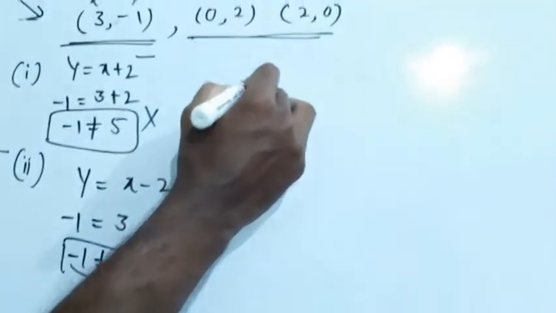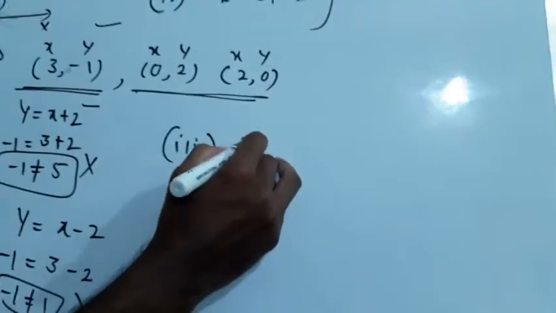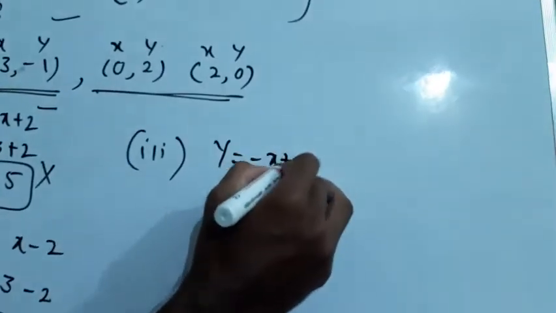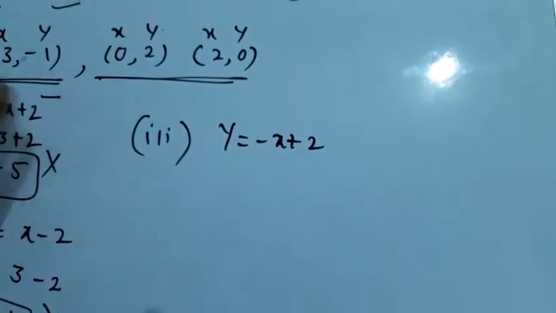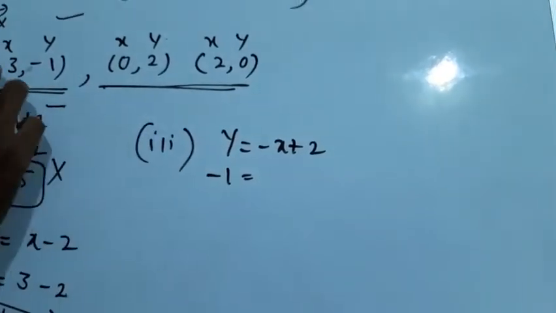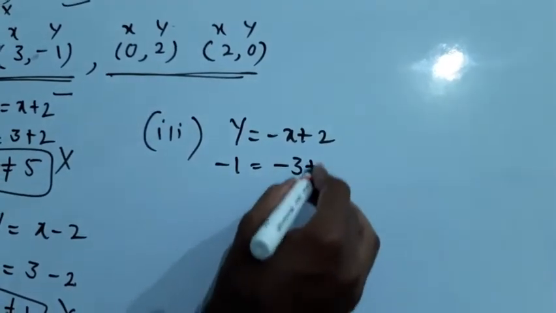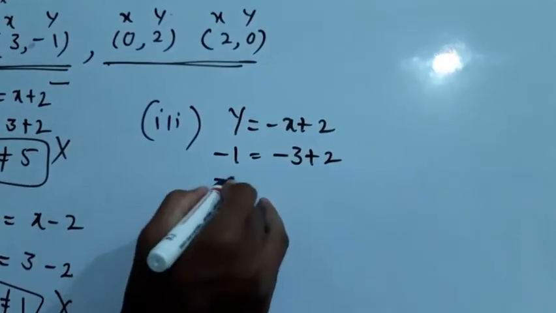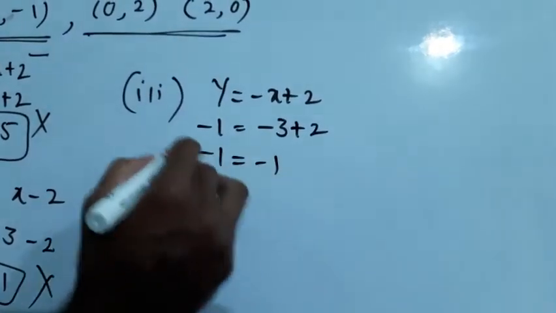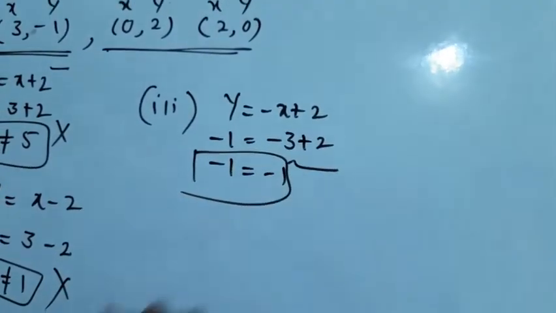So we'll go to the third equation, y = -x + 2. What is the value of y here? -1. What is the value of x here? 3. -3 + 2 = -1, so -1 is equal to -1. Hence it can be the equation for this particular graph.